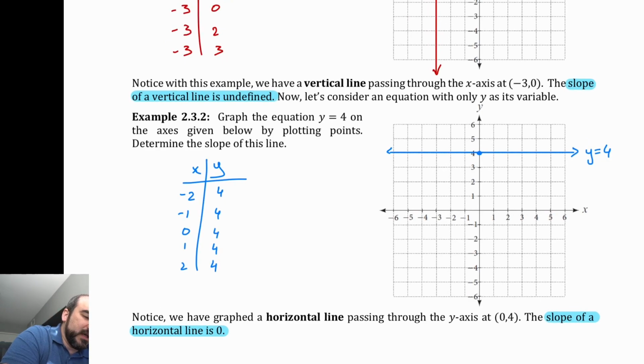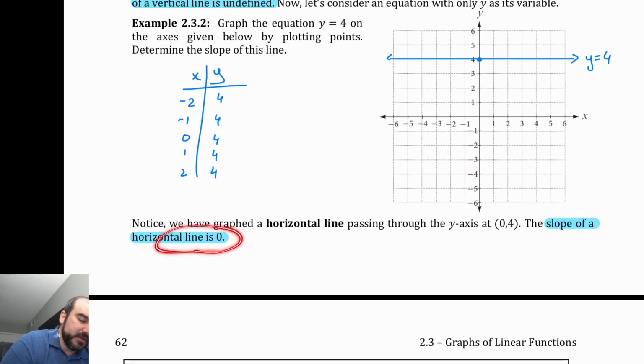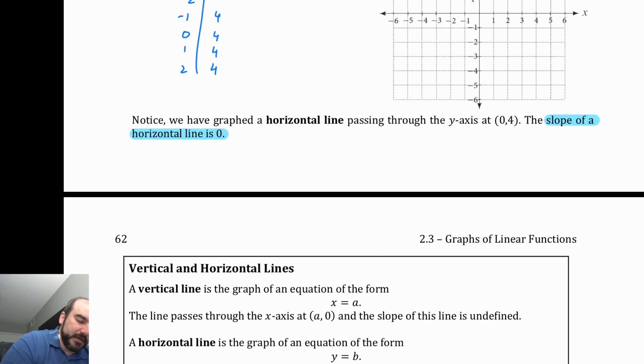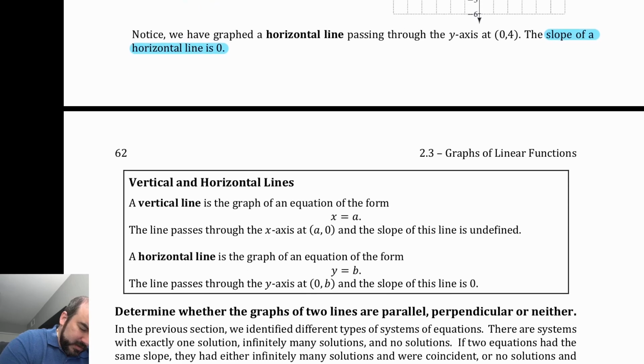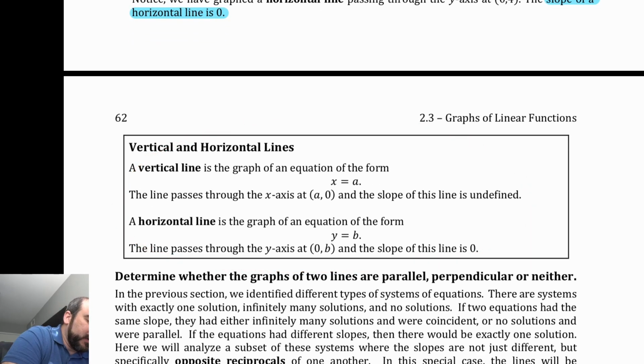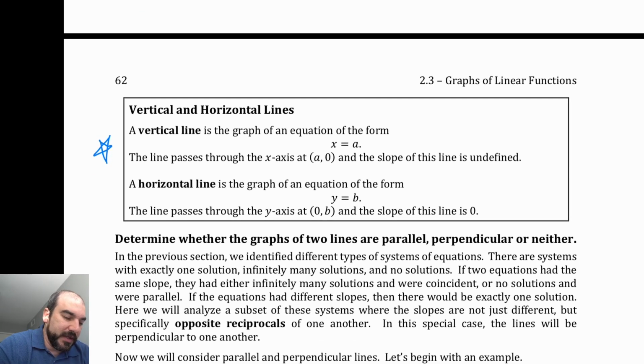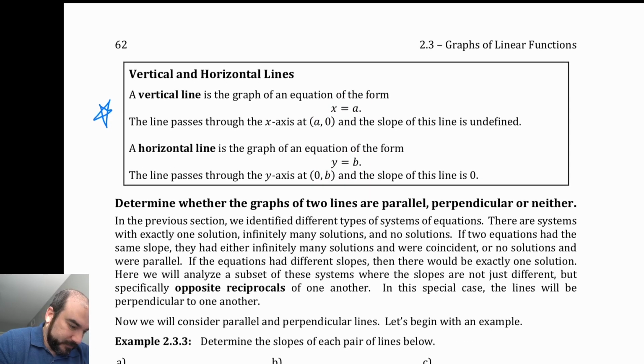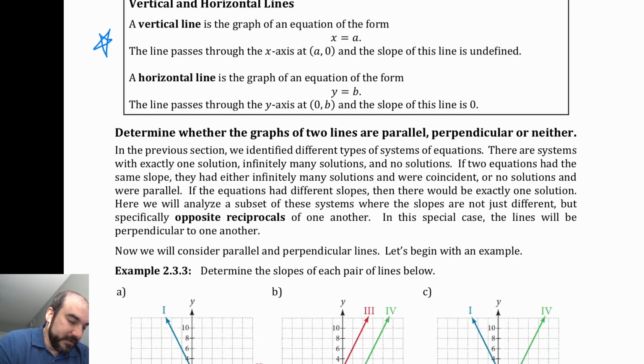There is no slope, it's undefined, and then slope is equal to 0 for a horizontal line. And all of that is kind of just summarized in this box here, so if you want to put a bookmark on this, this is where all of that information is. Right? It gives you the equation of a vertical and horizontal line. It tells you the slope of vertical and horizontal lines. So just keep those in mind.